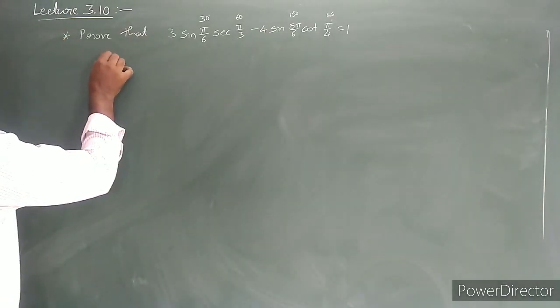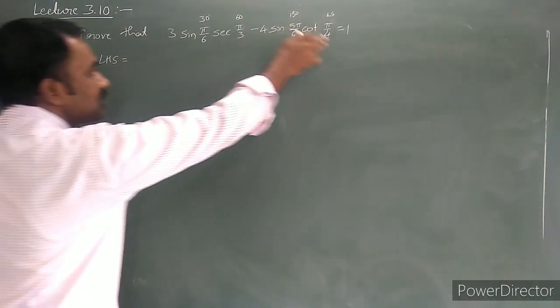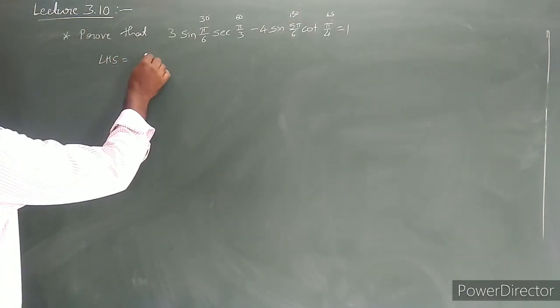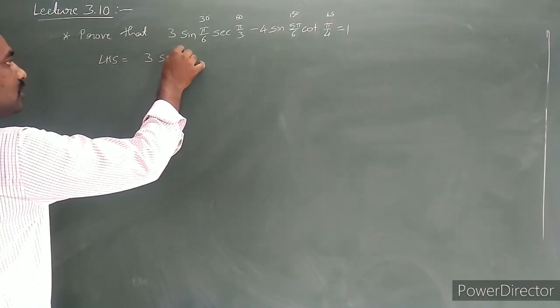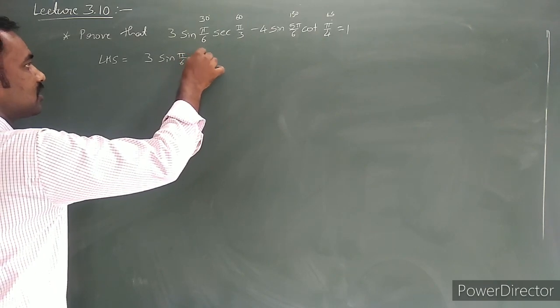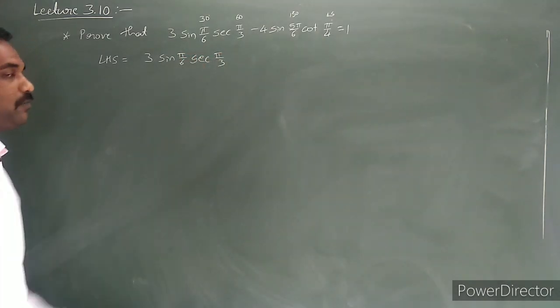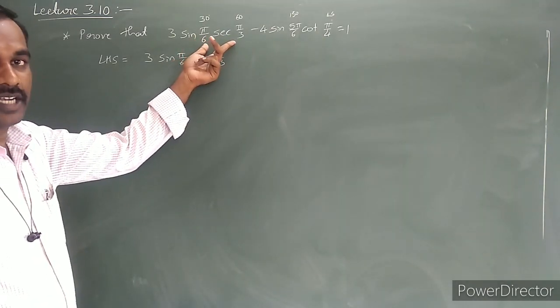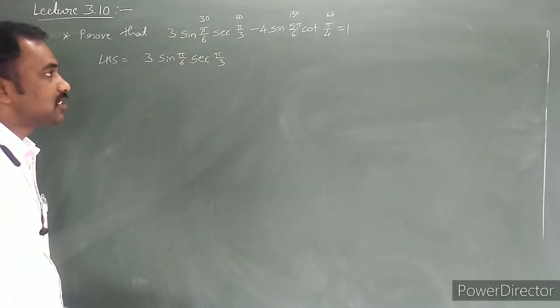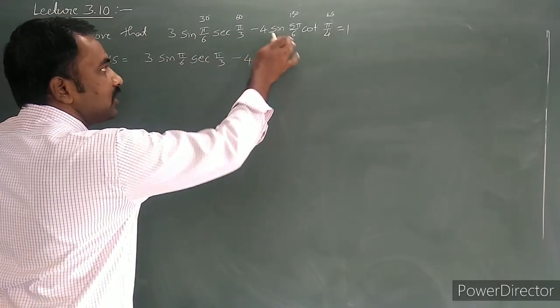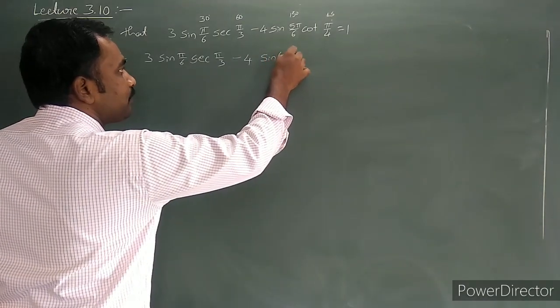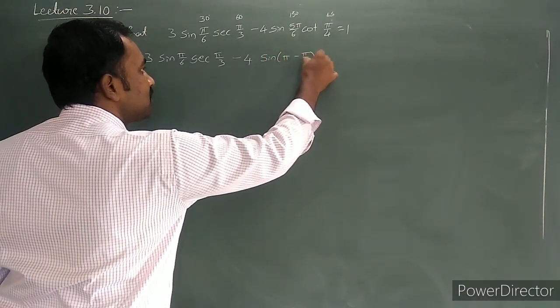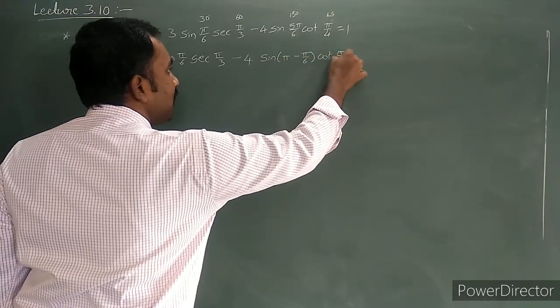Now what we need to do? LHS equal to RHS, we have to get it. What is the LHS value? 3 into sin of pi by 6 sec of pi by 3. If you are not comfortable with the radian measure, you can convert into degree measure. Minus 4, now I just split this one, sin of pi minus pi by 6 into cot of pi by 4.